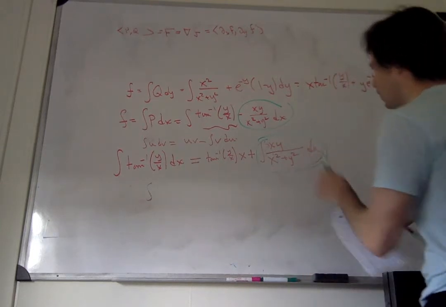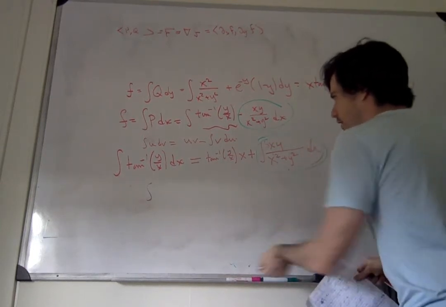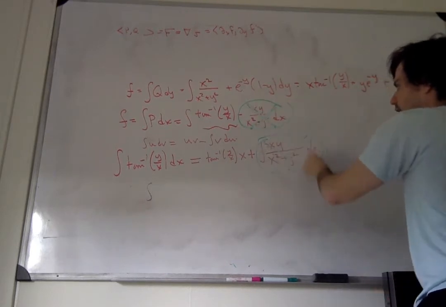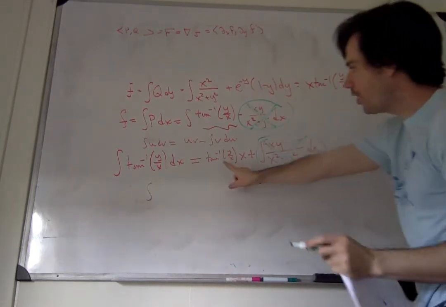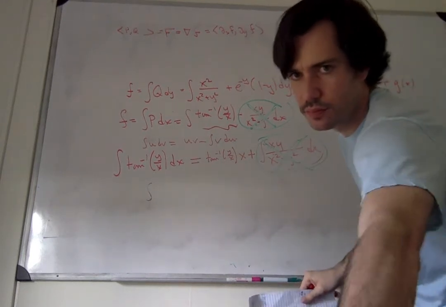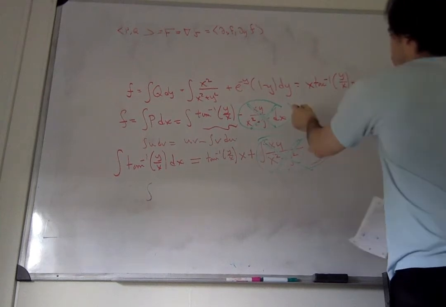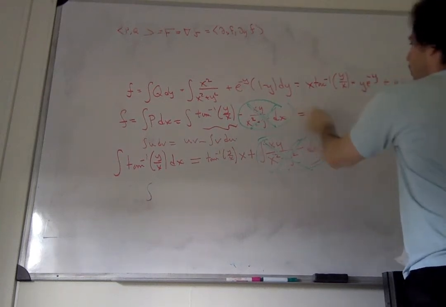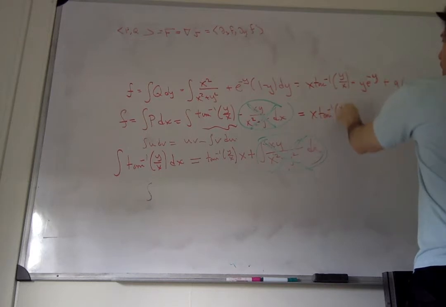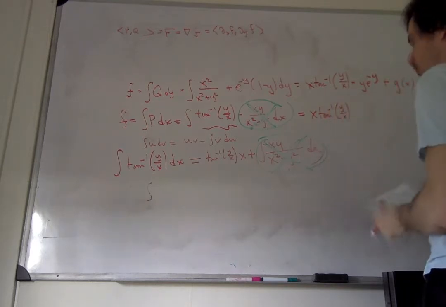So the takeaway is that when I integrate, this is going to go away, because it's going to cancel with this, right? So all you're left over with is that. That's all you're left over with. Well, what is that? That is x arctan y over x, okay?